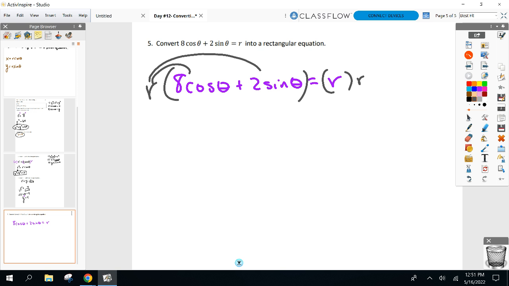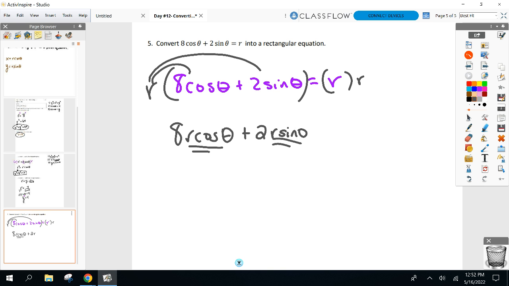Go ahead. Remember, you're multiplying these two, right? So if you want to put the r in front, after the 8, after the cosine, but if I put it right here, look familiar? 8 r cosine theta, and the same thing here, 2, let's put the r in the middle there, sine.